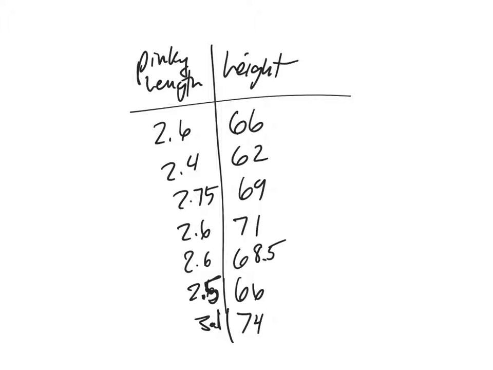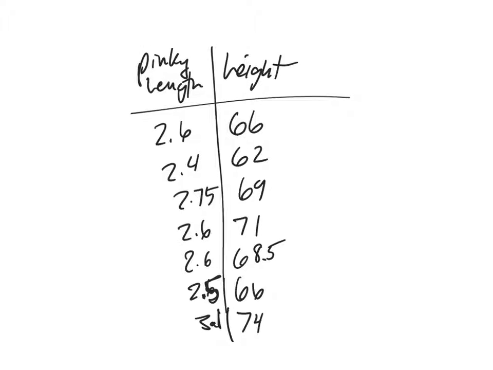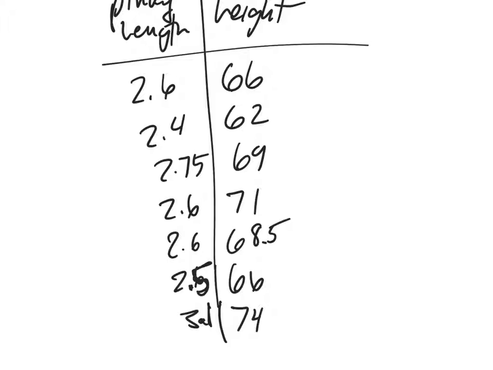We have enough data. Now, I'm going to give you a morbid reason that this is sometimes necessary. Imagine for a moment you're in Hawaii and you're out playing around on the beach, and all of a sudden an arm washes up. Then you'll be able to tell from the length of their pinky how tall they should be.